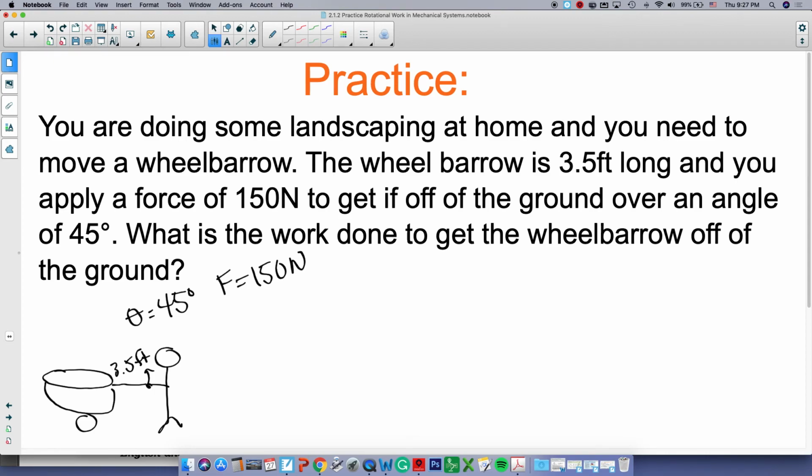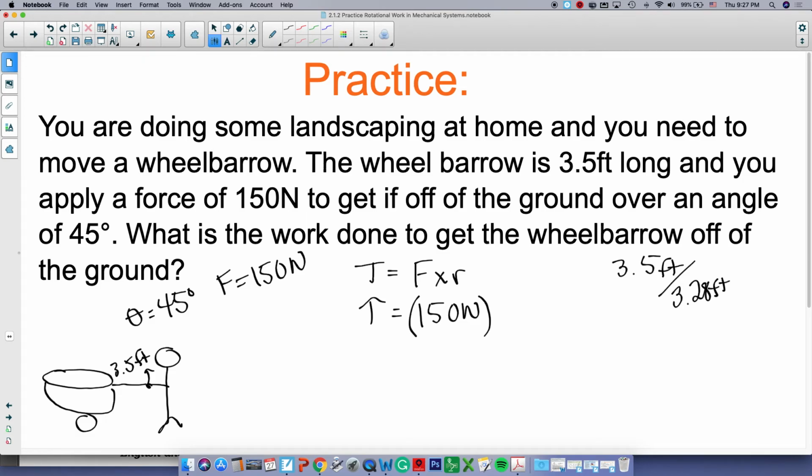So when you start these, it's best to first find the torque. So work or torque equals force times lever arm. The force is 150 newtons, and the lever arm's 3.5 feet, so we have to convert that. Divide by 3.28 feet to get meters, and you got 1.067.